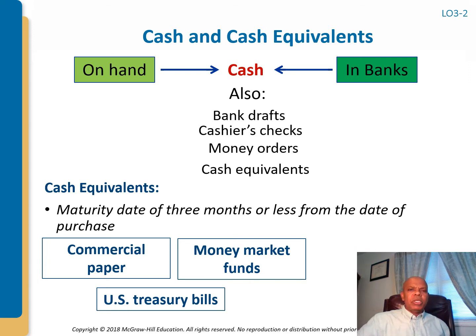Also, sometimes you have bank drafts, cashier's checks, money orders, all these cash equivalent items. Cash equivalents have a maturity date of 3 months or less from the date of purchase: commercial paper, money market funds, and treasury bills. Those can be converted into cash within 3 months or less without losing value.